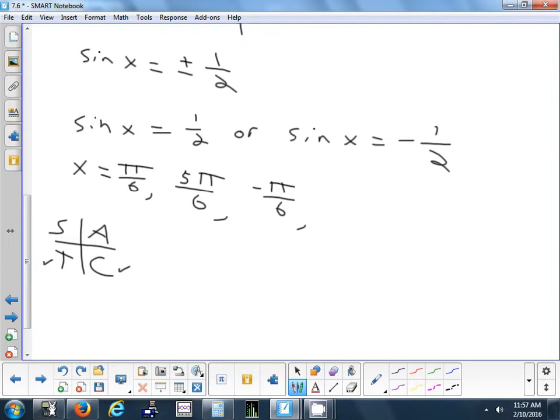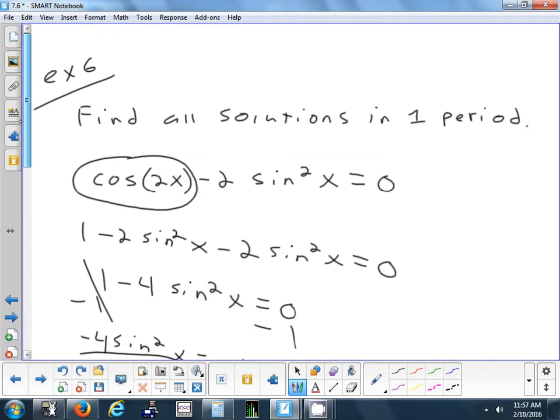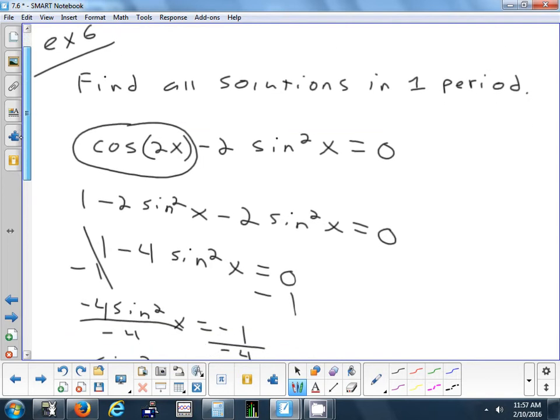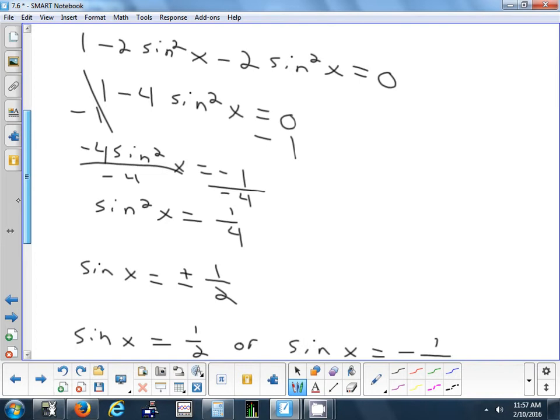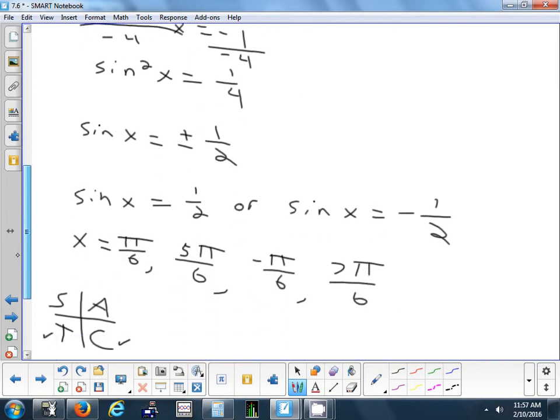You add 180 or add pi. 7 pi over 6. Okay, and let's see. All right, so now what did they say to give answers between? One period, which is 0 and 2 pi. Yep. So that means the only one that doesn't work is the negative pi over 6.